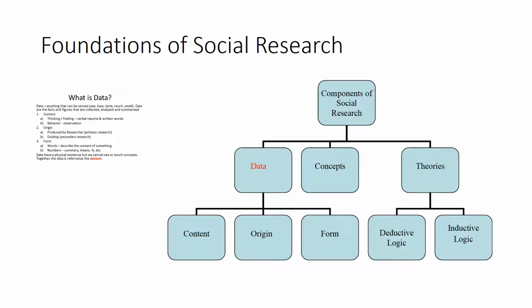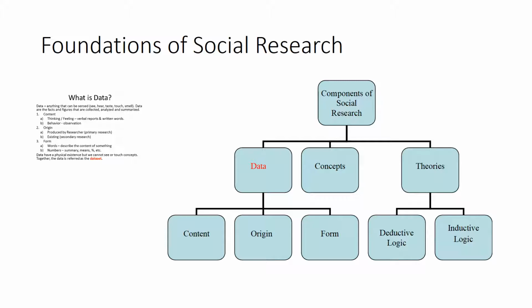Those are primary data, where the researcher goes out to interact with his or her research subjects directly, asking them questions about what they think, how they feel, observing their behaviors, and recording all these things down.